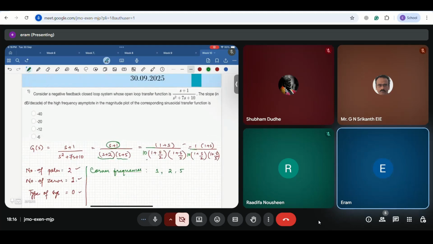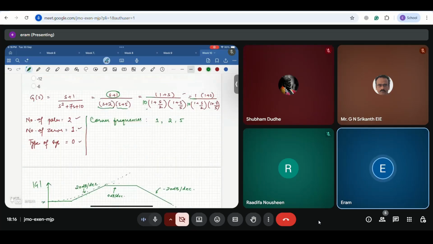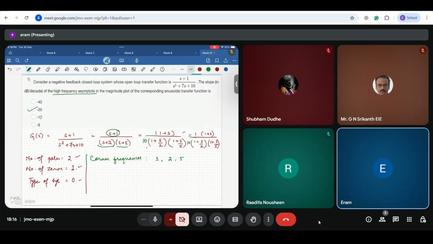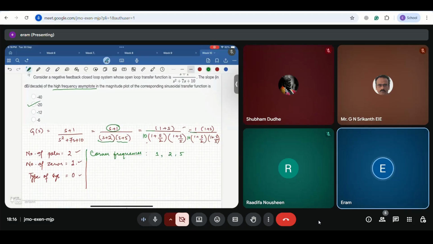So if you were asked to find the high frequency asymptote, it is nothing but the slope of the magnitude plot as frequency tends to infinity, right? So it is minus 20. Okay, any doubt?